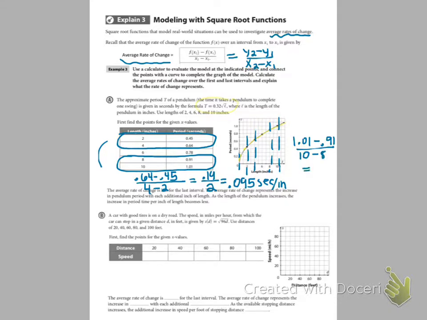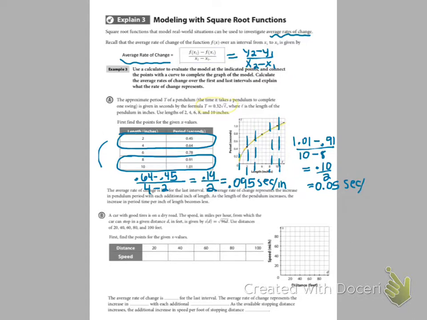So the numerator, if we subtract 0.91 from 1.01, we get 0.1, and the denominator, 10 minus 8, is 2. Divide those two, and we get a rate of change of 0.05. So again, the unit on this is seconds per inch.